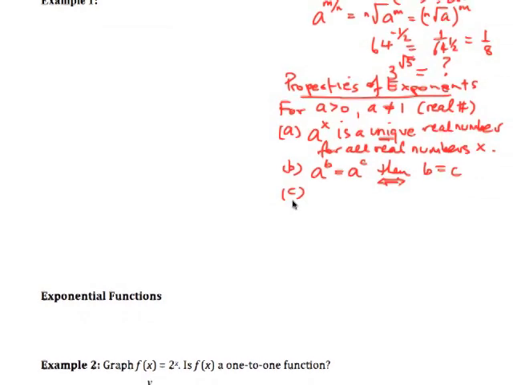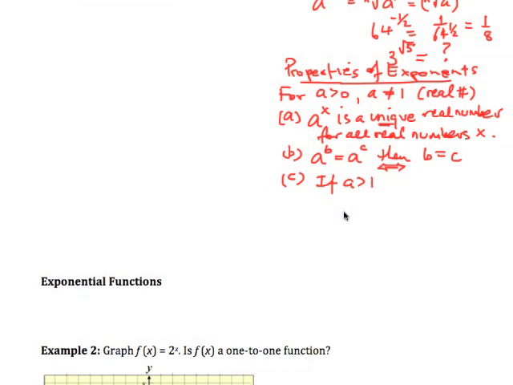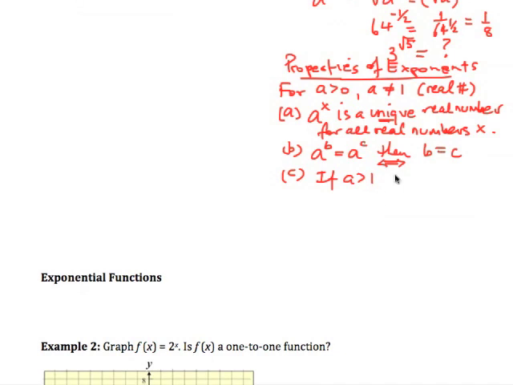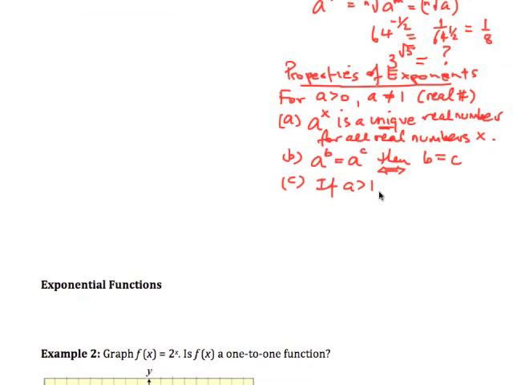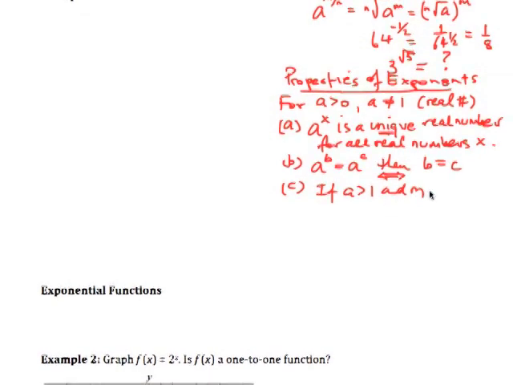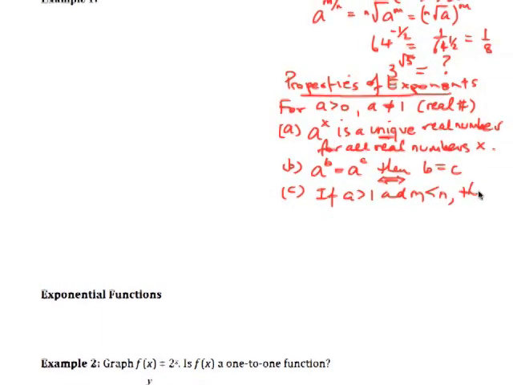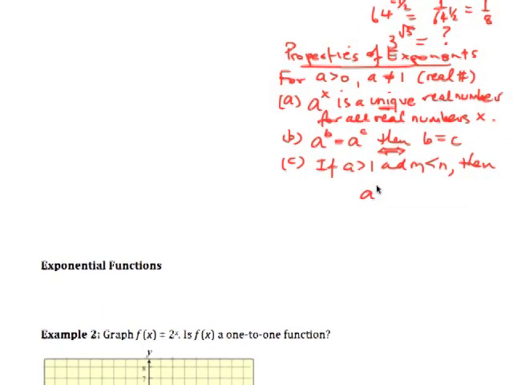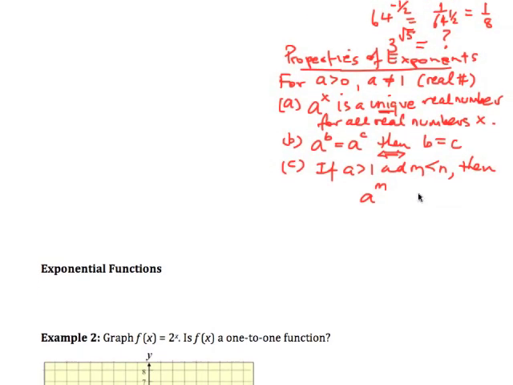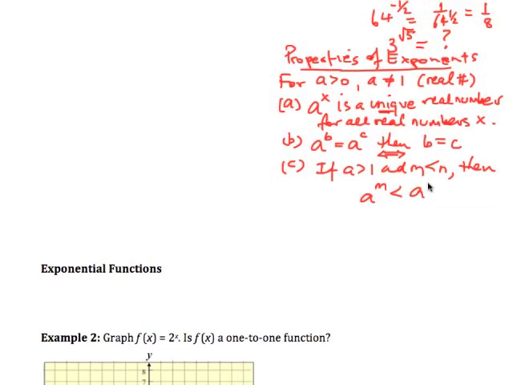Alright, so next, part C. If in fact a is greater than 1 now, so here we started with a is greater than 0, but let's suppose we made it more stringent, that a is now greater than 1, and if I have m is less than n, then our result is that a to the power of m, notice m is smaller here, is going to be less than a to the power of n.